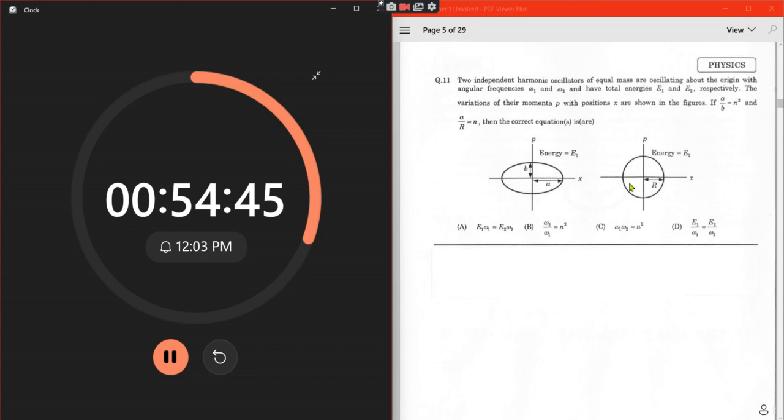Okay, so B is the maximum, so B is like m a omega, right? So B is m a omega, okay, and what's happening here, this thing is the same, okay, it's like R. Its energy is E2, okay, think about it.